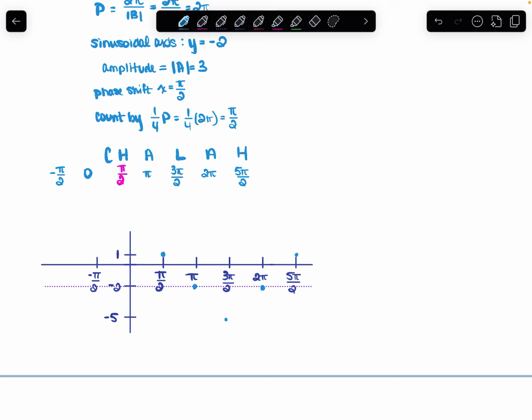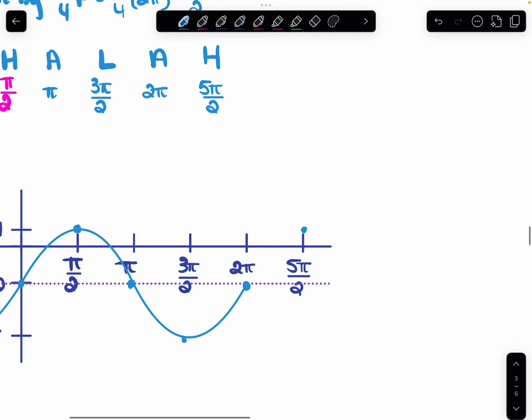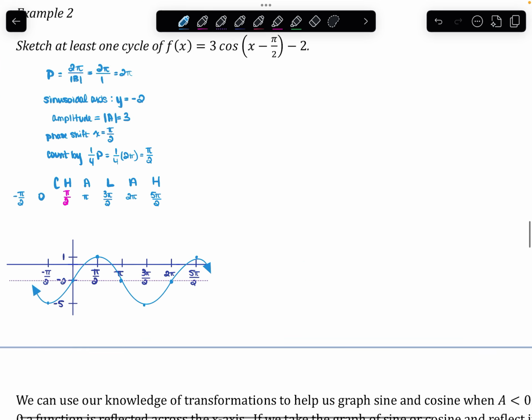So at 0, coming back to our axis, and then at negative pi half, down to the low. And then we play connect the dots with our graph. A little wonky on the end, but that's okay.